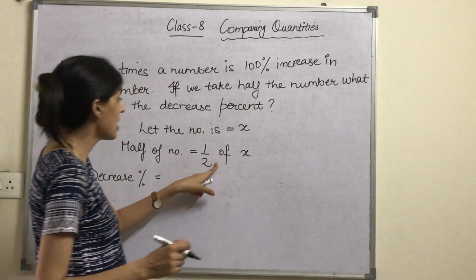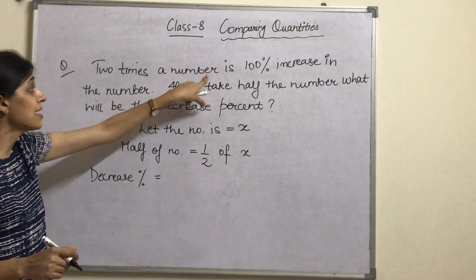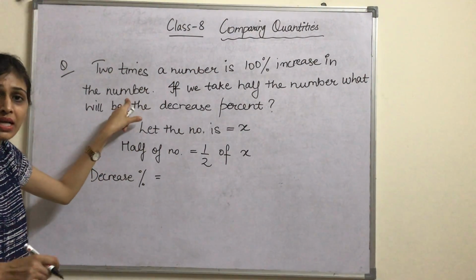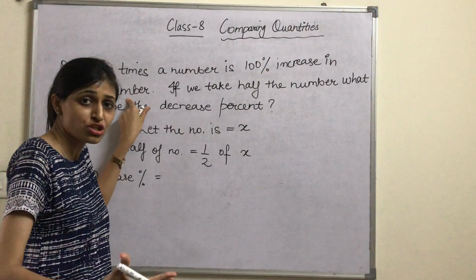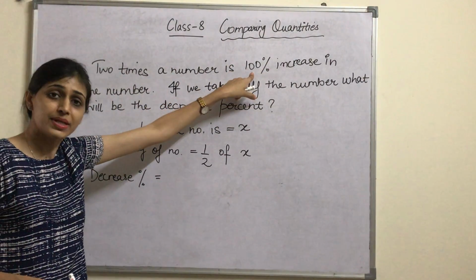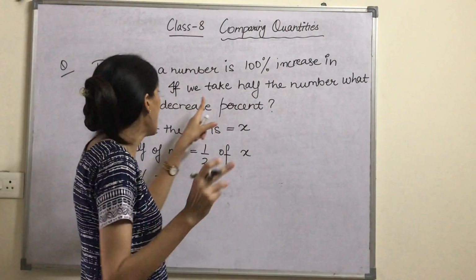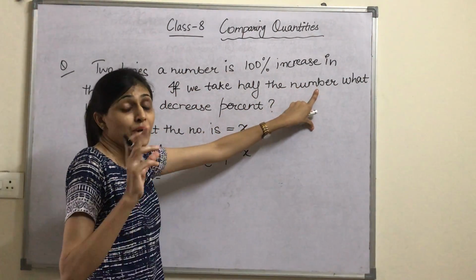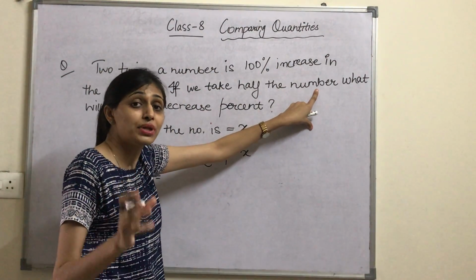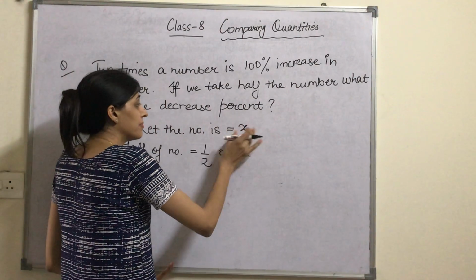They are saying that 2 times a number is a 100% increase in the number. Now, if we take half the number, whatever number is given to you, let the number be x.